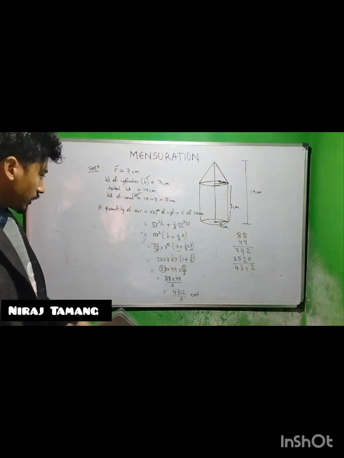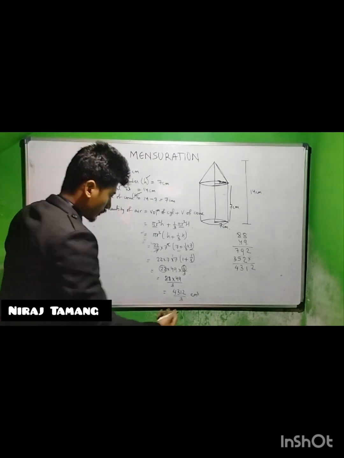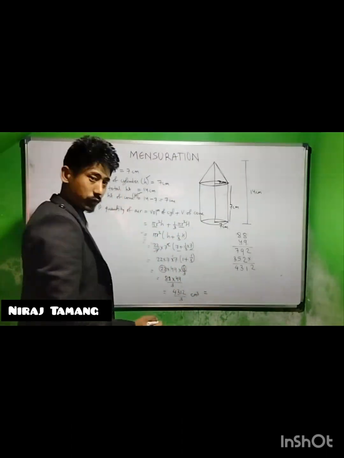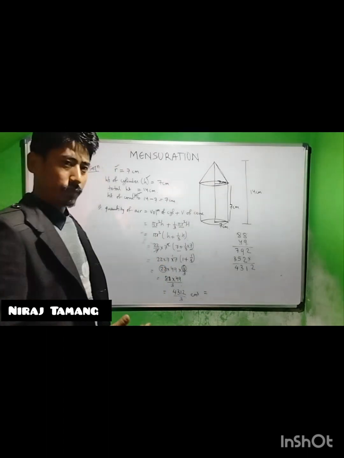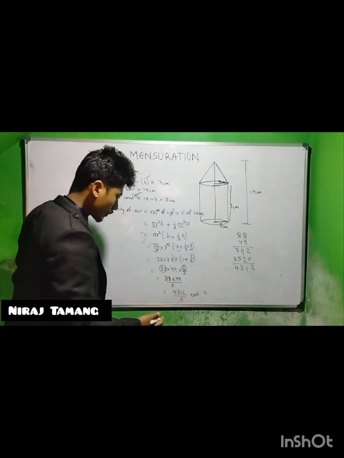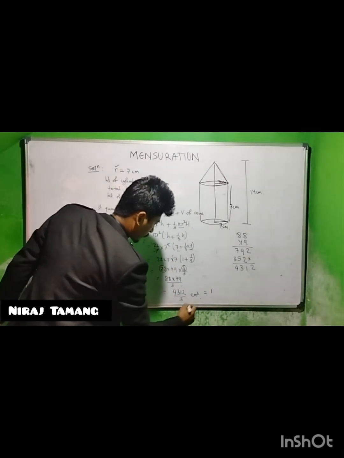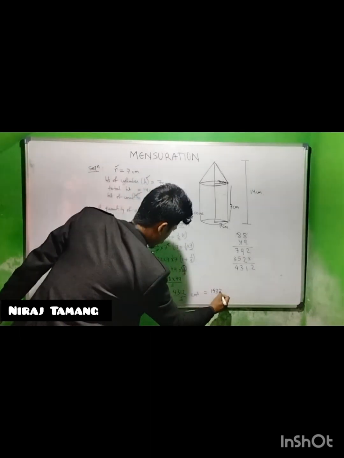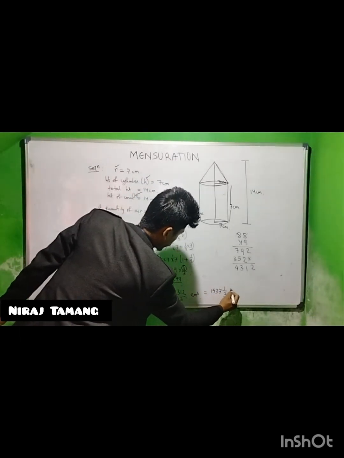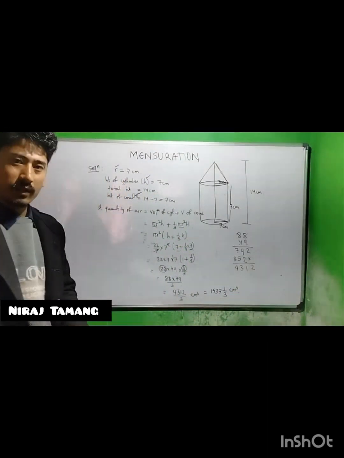Alright. I think we can keep our answer up to here. If you want to divide it up to the decimal places, you can do it, or if you want to keep it in a mixed fraction, that's also okay. So let's write in mixed fraction. 3 1s are 3, 3 4s are 12, 3 3s are 9, 3 7s are 21, so 1437 1/3 centimeter cube is the volume of air contained in the tent.